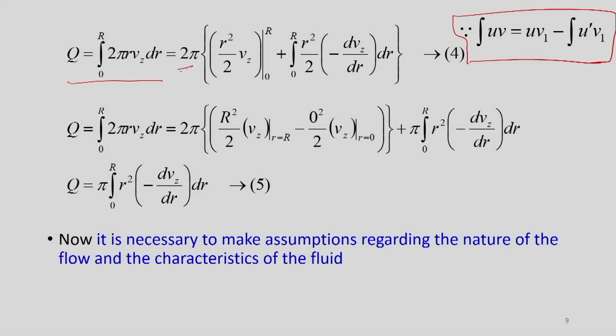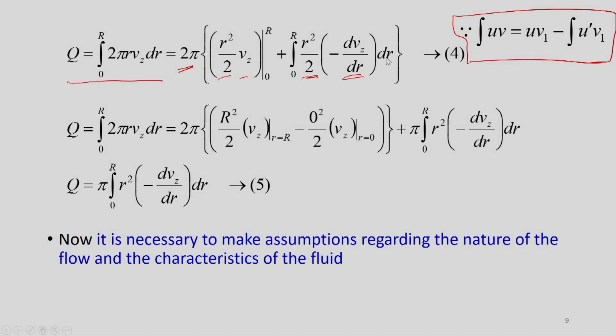So, let us take 2 pi common. First, the integration of r is r square by 2, with Vz as it is, applying the limits 0 to R, minus the integration of r, which is again r square by 2, times the differentiation of Vz, which is dVz by dr. I have written minus dVz by dr, and so this term becomes a plus.